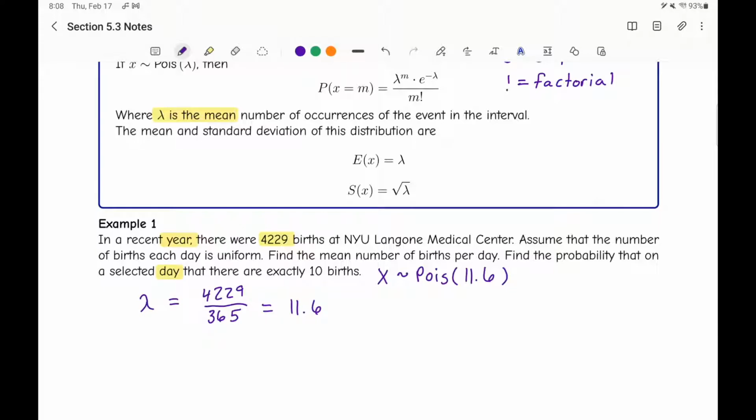If we're talking about births, we'll assume they're independent, and we're selecting births, so we'll assume they're random as well. So we meet all the conditions. Then the probability that X equals 10 is 11.6 to the 10th power times e to the negative 11.6 power, all over 10 factorial.